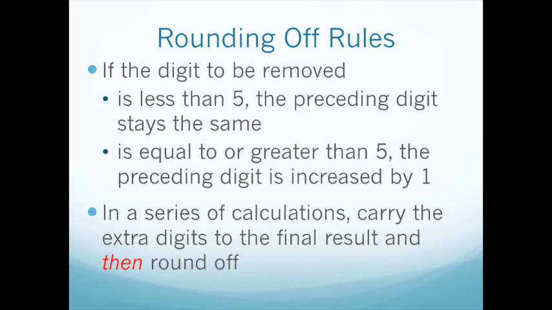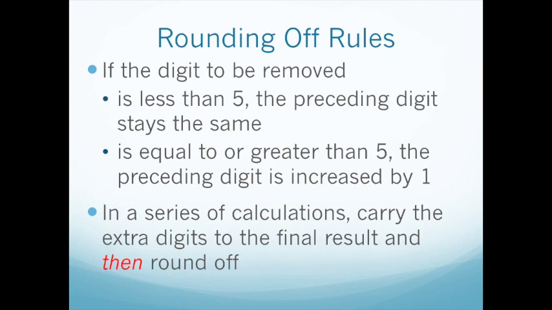This leads us to rounding off. Once you've determined the appropriate number of significant figures, you should round off the number so that it contains that number of significant figures. If the last digit to be removed is less than 5, the preceding digit stays the same.